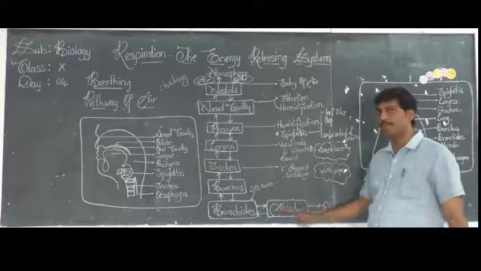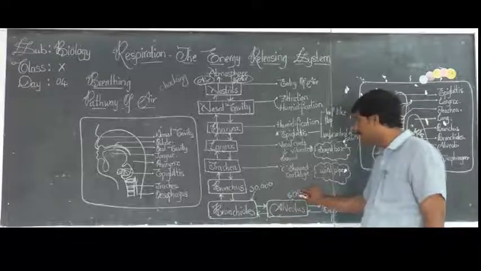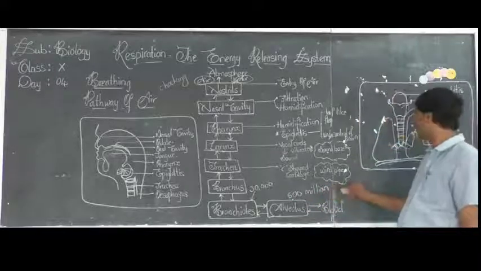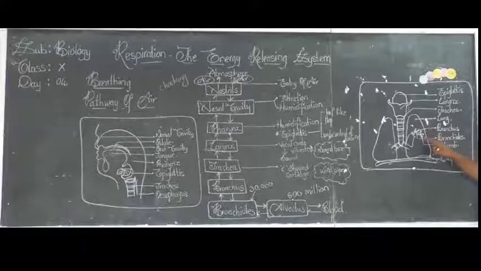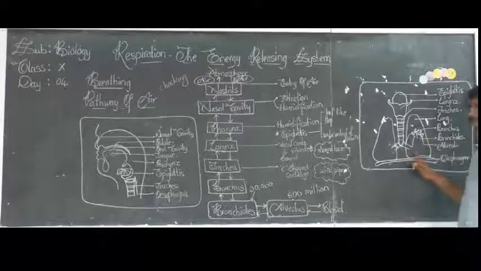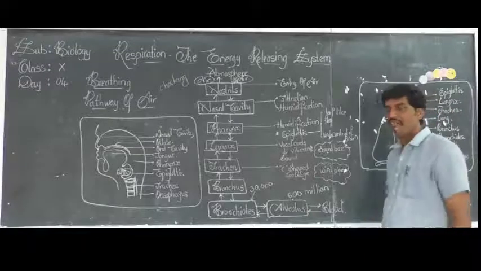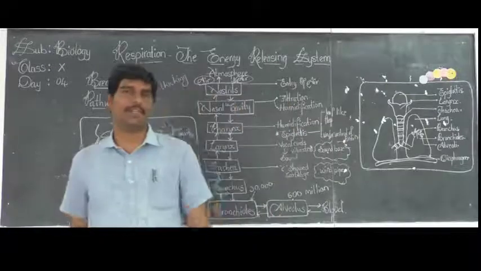So they are opening into alveoli. Nearly 600 million alveoli are present. You can look here. So trachea to bronchus, bronchus to bronchioles. Bronchioles end in the alveoli. They are grape-like, cluster, bunch-like structures. So finally they are ending in alveoli. I told you nearly 600 million alveoli are present. And these alveoli are surrounded with blood.